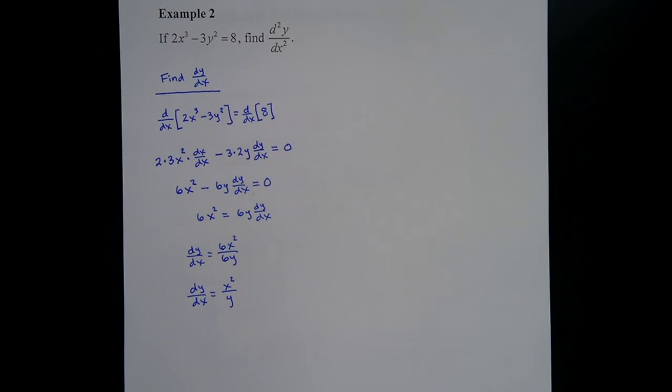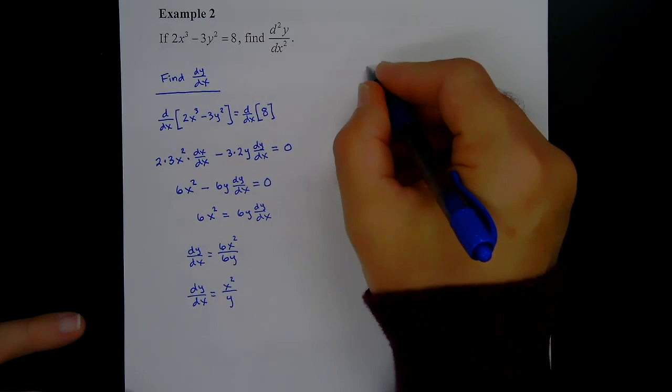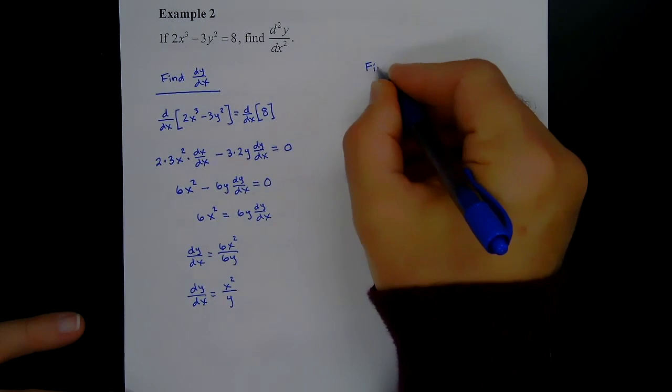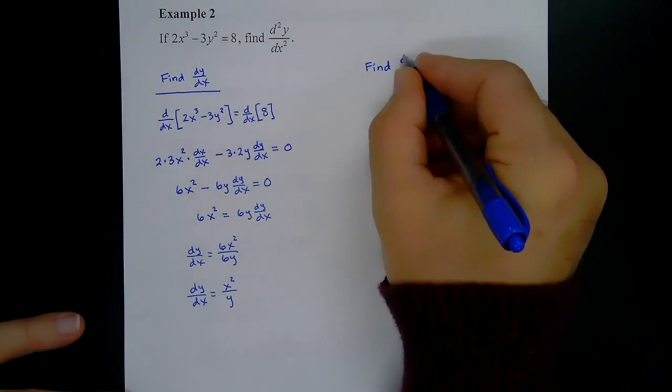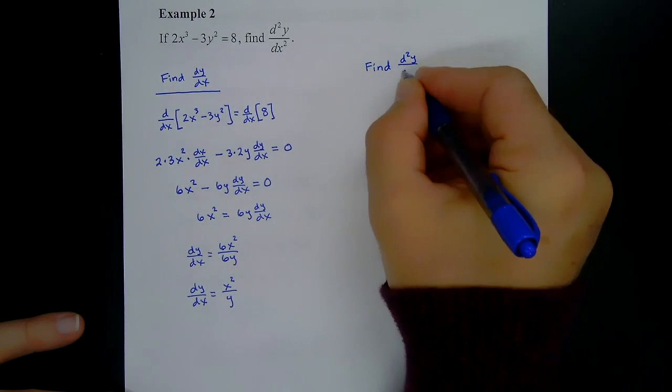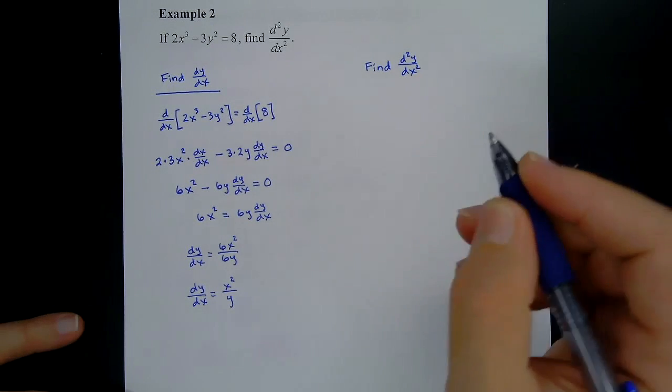And what we have to do is take the second derivative. We have to take the derivative with respect to x of both sides of this. So now we're going to find the second derivative of y with respect to x for the second time.